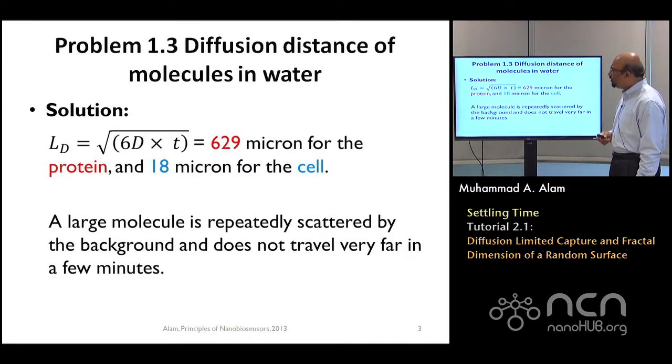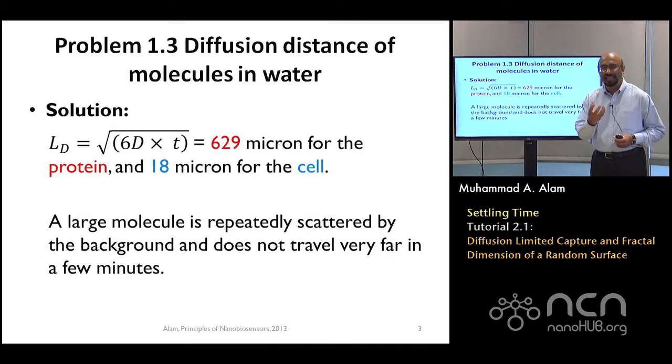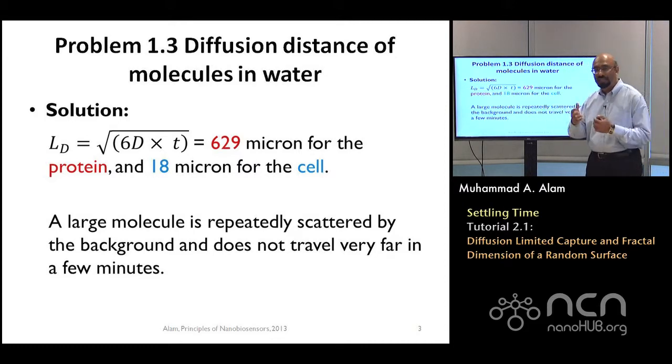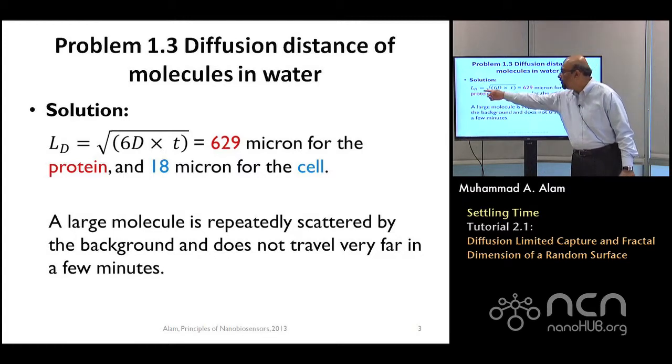In problem 1.3, I asked you to calculate two quantities. If you have a cell of a certain size, let's say a micron-size cell, how far does it diffuse in 10 minutes, versus a little protein, say 1,000 times smaller, how far does that one diffuse? Since it's a small molecule diffusing in 3 dimensions, the diffusion distance is the square root of 6Dt.